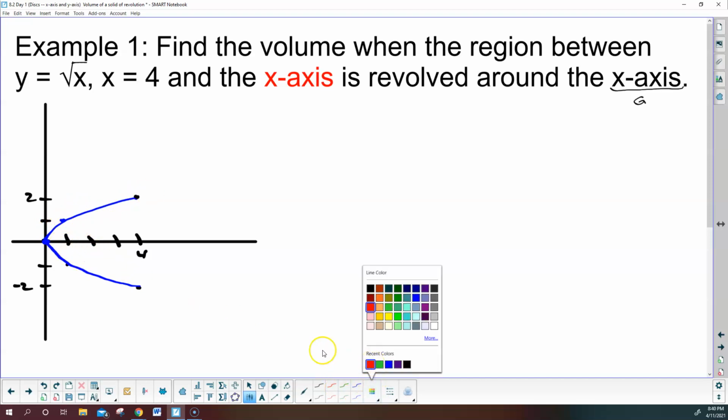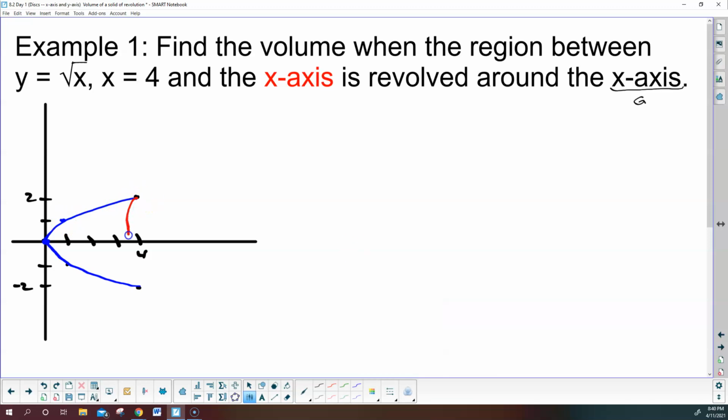And then let's picture that rotation. What does it look like if I rotate the top function to the bottom? And then what if I pick this point here and I rotate it? That should be dotted. If I pick a random point, rotate it, and then there's my three-dimensional image.